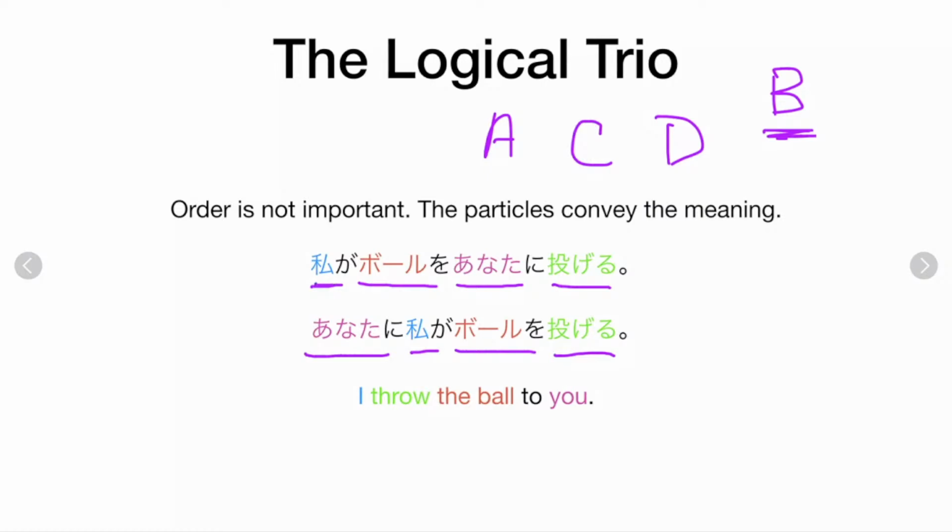Basically, when you put this particle next to something, it gets placed in a box, and this is your subject box. Boru o, this becomes your object box, and anata ni becomes your target box, and then finally, nageru is, in this case, because it's a verb, that's your action box. And so these boxes can be rearranged however you like, as long as all of the boxes are present in the sentence, then it is structurally sound.